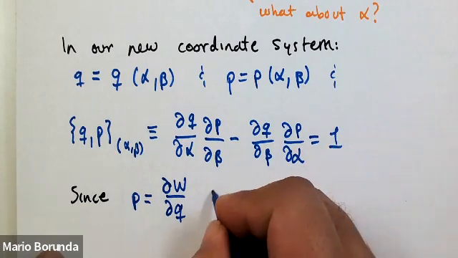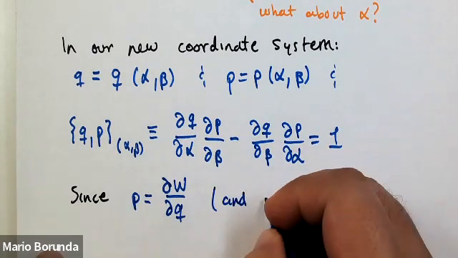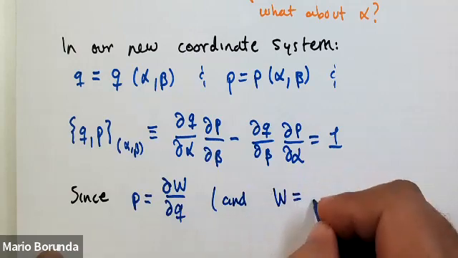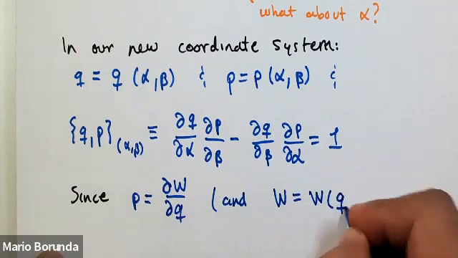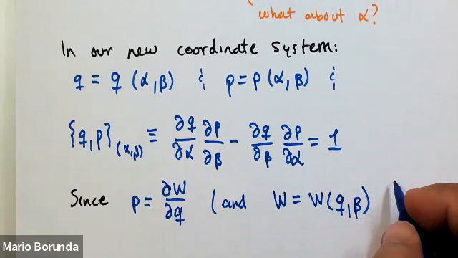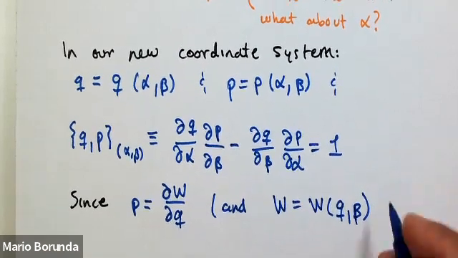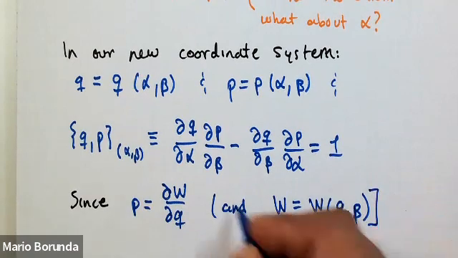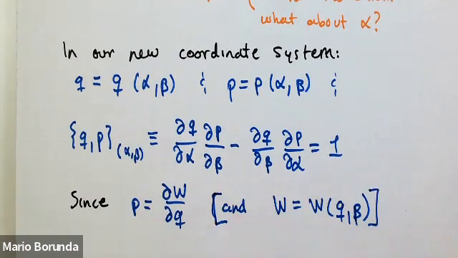We have to remember that this W quantity is also going to be depending at this point on Q and beta. That's what it depends on. So we have Q depends on alpha and beta, P depends on alpha and beta, but this W quantity depends on Q and beta. Beta was our initial condition.